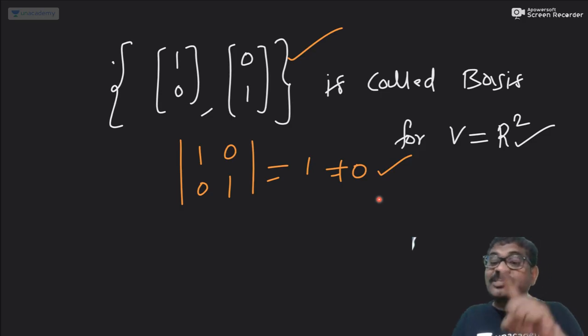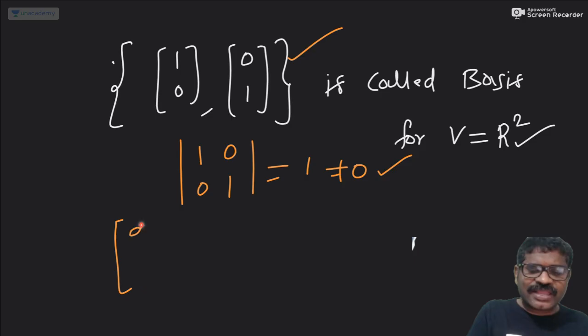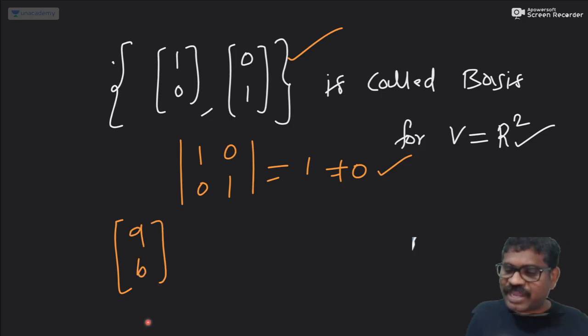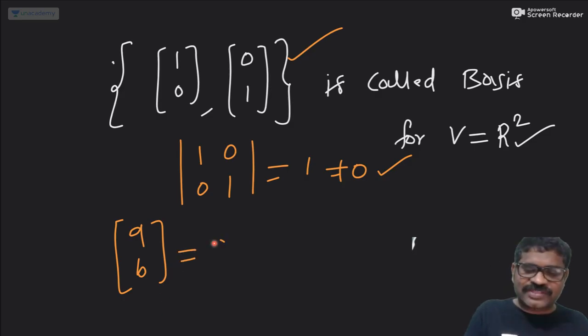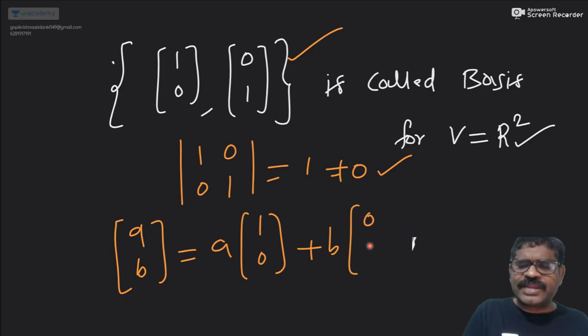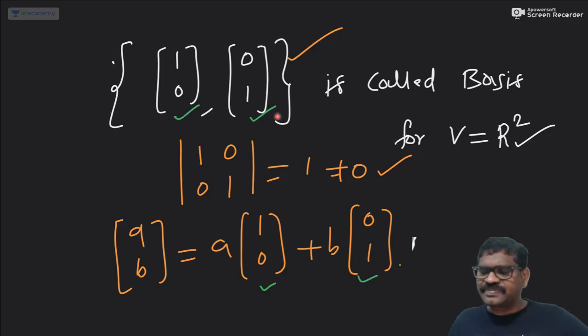Every vector is possible to express as a linear combination of vectors of set B. If you take one vector (A,B) from your vector space, from your two-dimensional space, you can express A into (1,0) plus B into (0,1). Here (1,0) and (0,1) are nothing but vectors of set B or not. Okay.